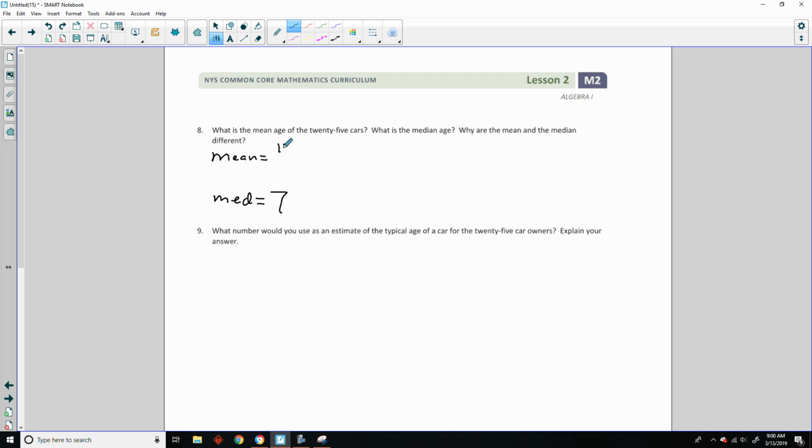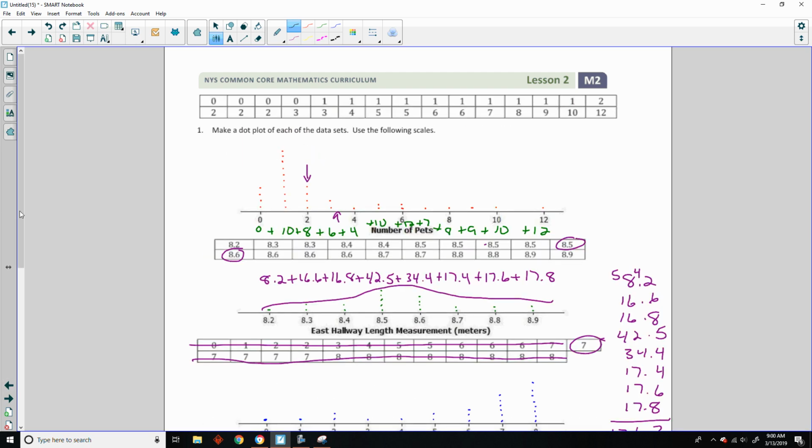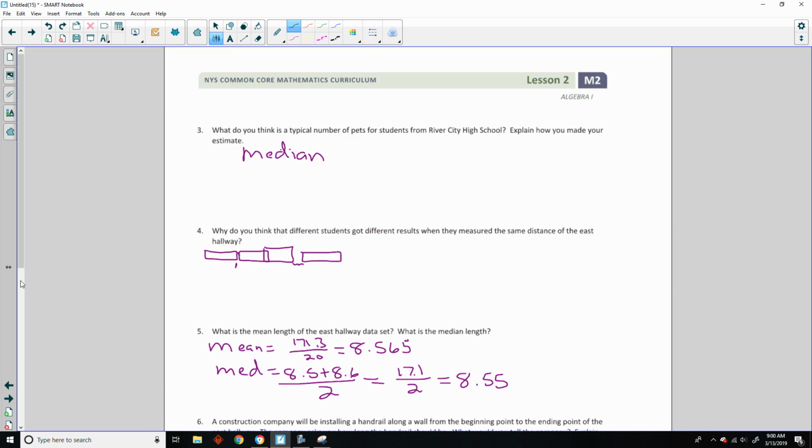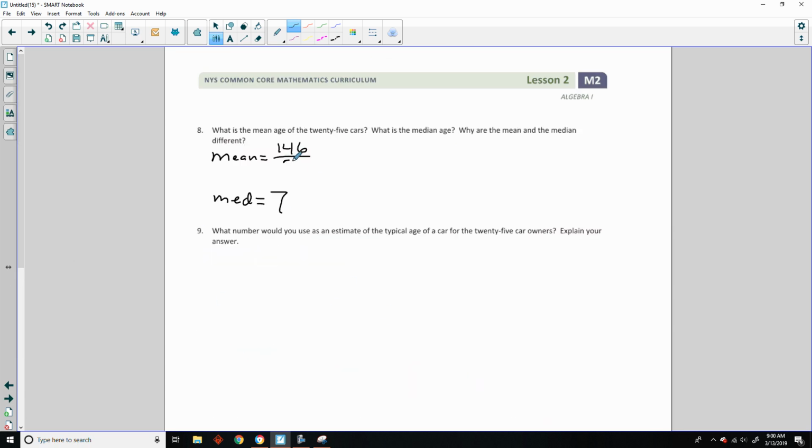Mean is 146 divided by our total number of data points, which was 1, 2, 3, 4, 5, 6, 7, 8, 9, 10, 11, 12, 24, 25. Hey Siri, what's 146 divided by 25? 146 divided by 25 is 5.84.